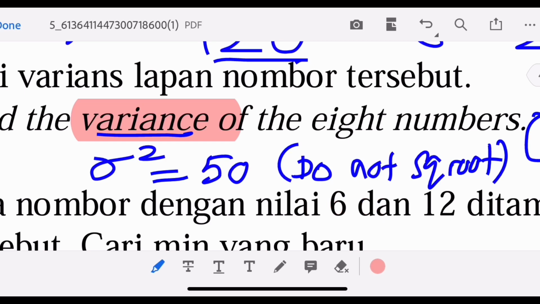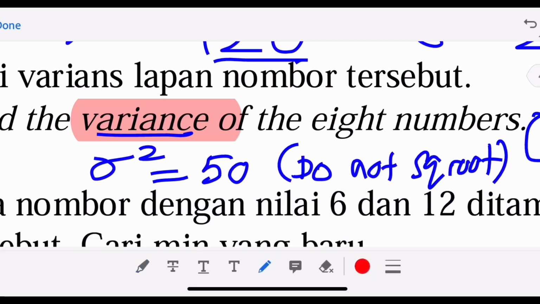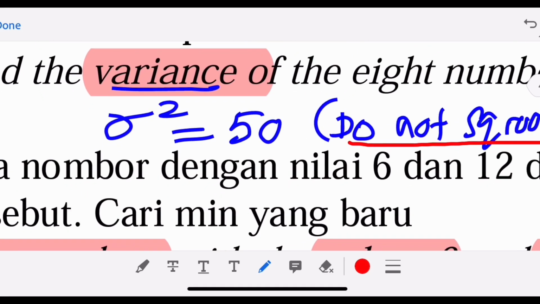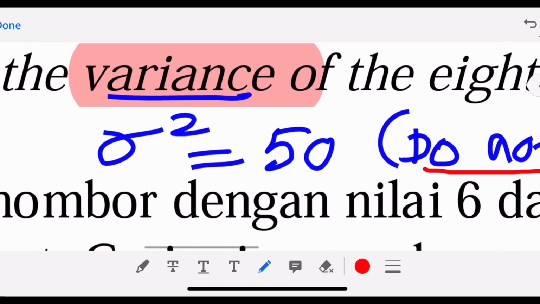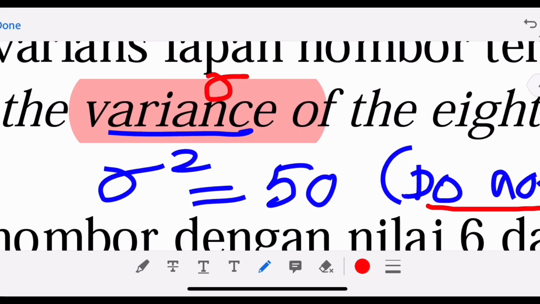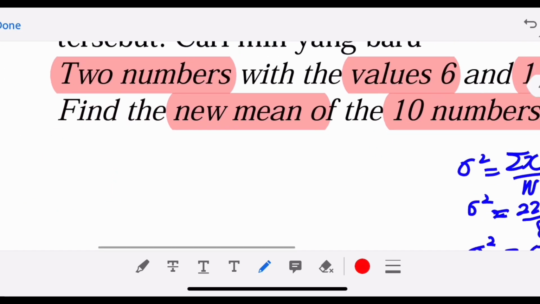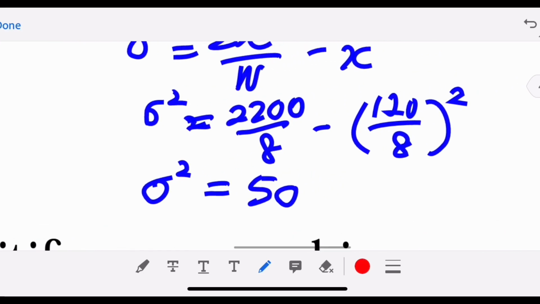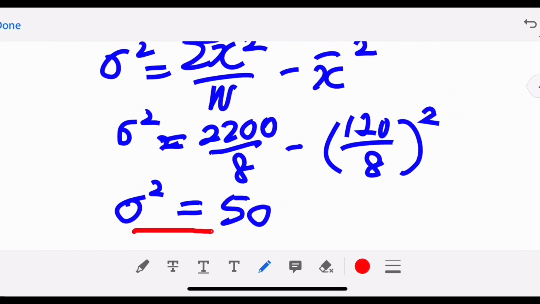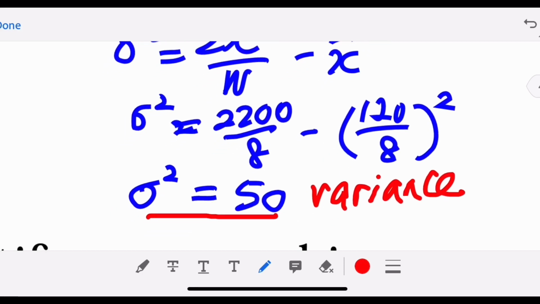Now we want to focus on part B, whereby you need to think first before you can write down the answer. So according to the question, we are going to add 2 numbers, right? Okay, so this one we solved already. So this is the variance we have settled.